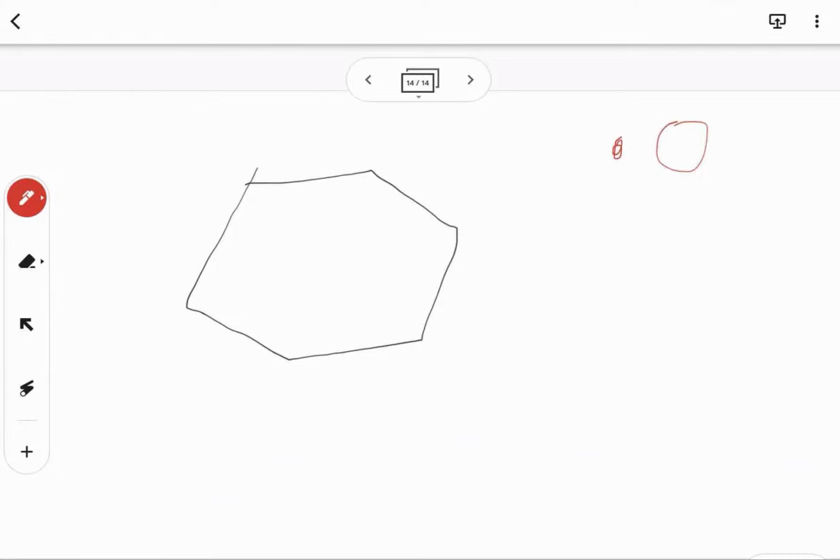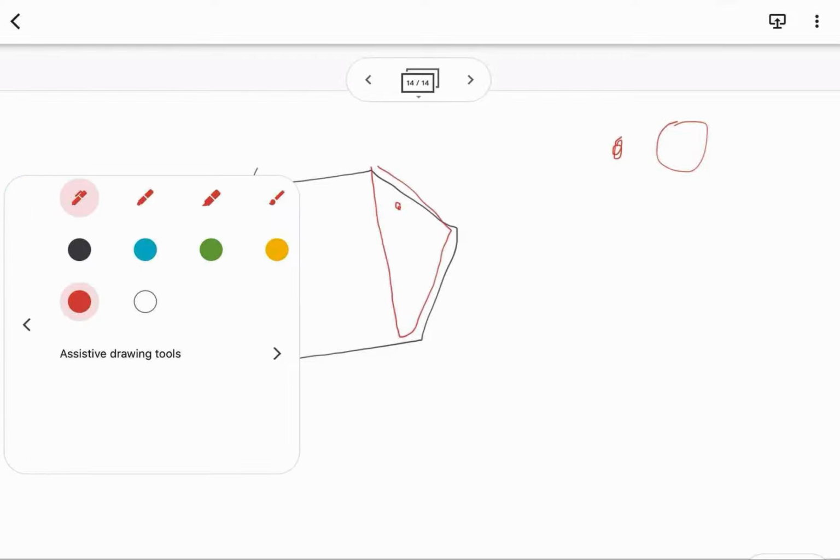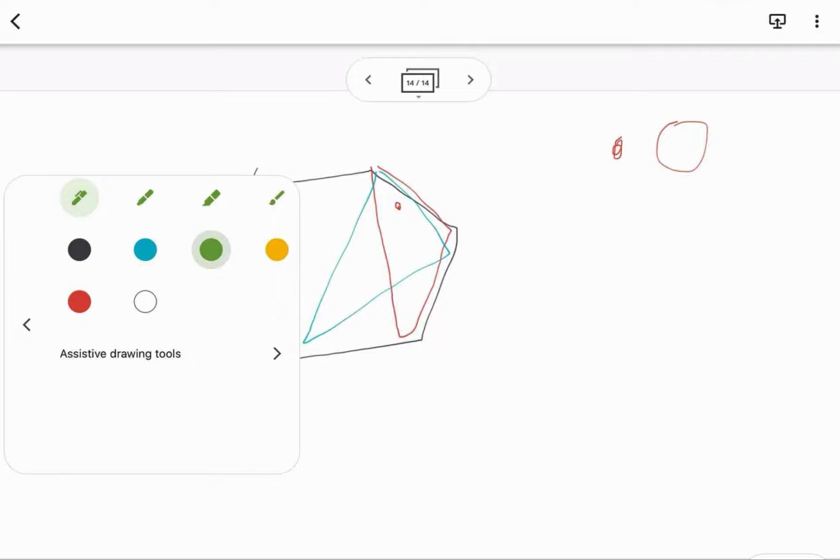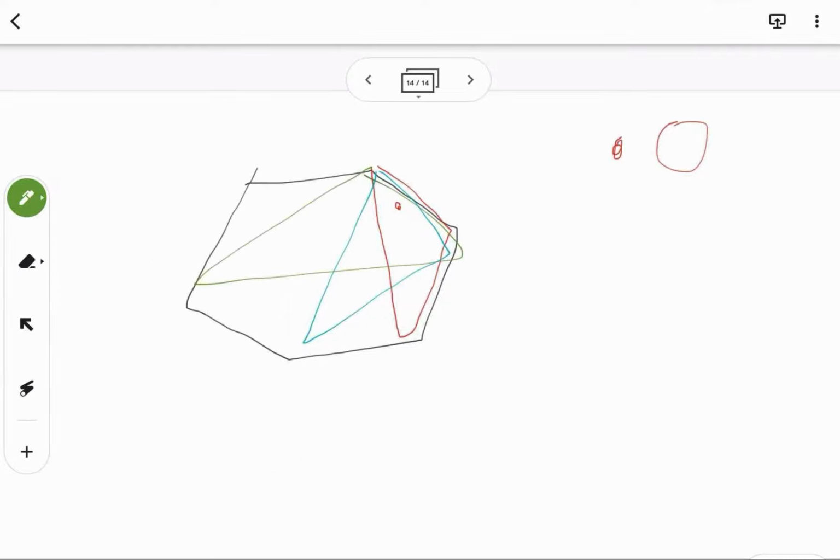What triangles would this be in? We can have this triangle, so that would be 1. I'll use a different color. This triangle is another one, this triangle is another one, and this triangle is another one. Do we have any more? I think that should be it, so we have exactly 4, right?